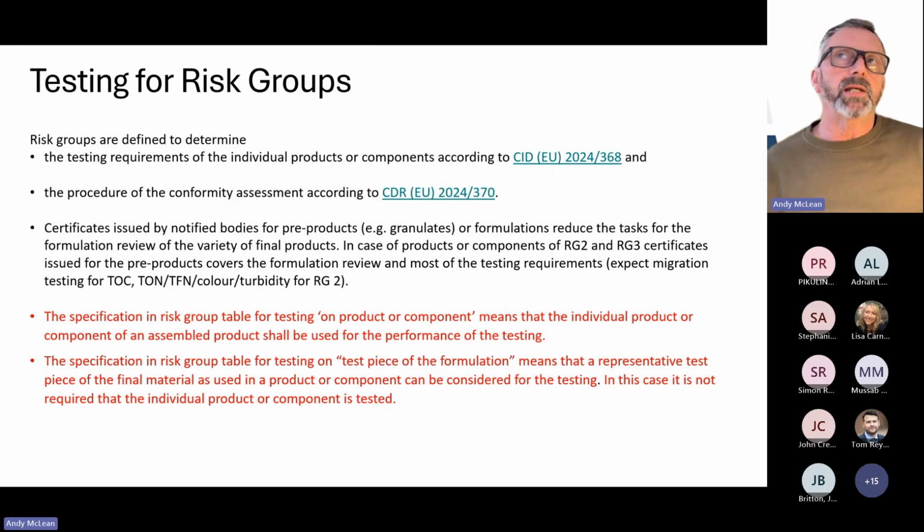It's more that you are testing the individual material pieces. I think, especially for our products, consider that the positive list for our products for the plastic materials is they're quite small components.